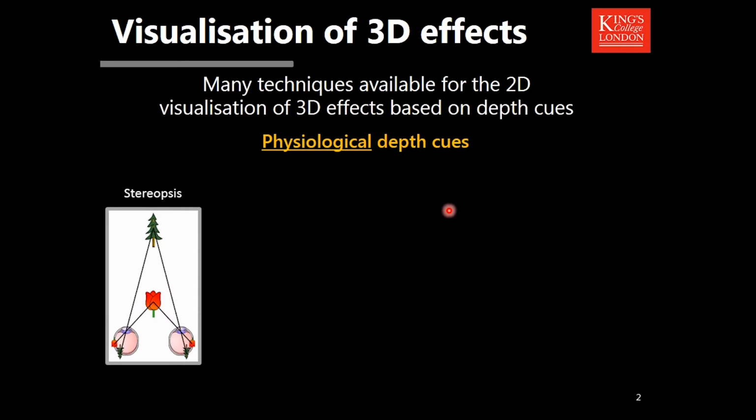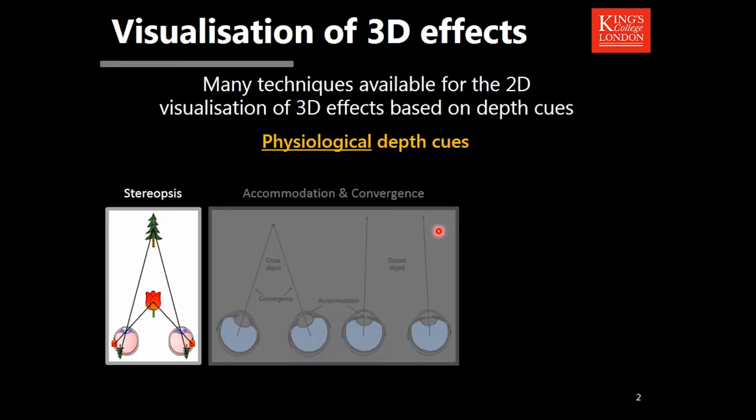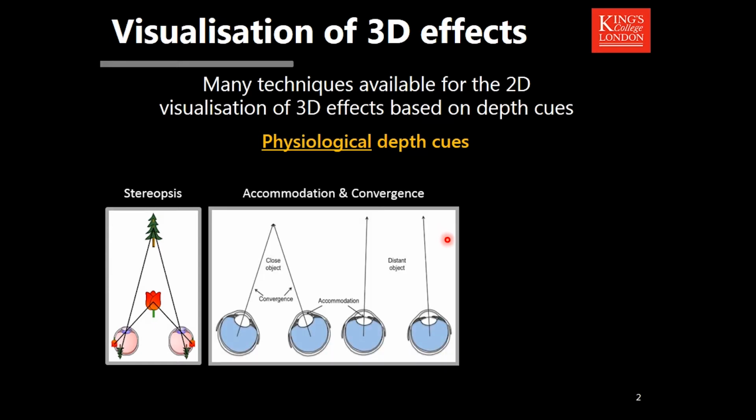The first one is stereopsis, which is related to the fact that each of your eyes is seeing a slightly different image, and this will create a 3D perception. The second example is accommodation and convergence, here again related to the motion of the eye and how the eyes adjust to objects that are close or further away.